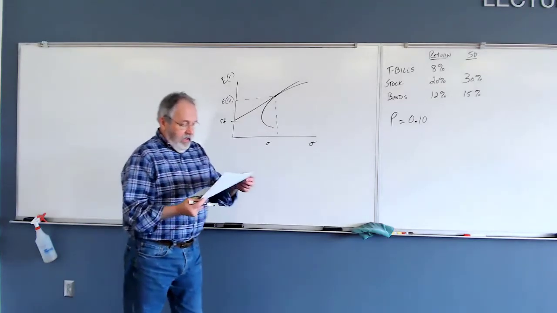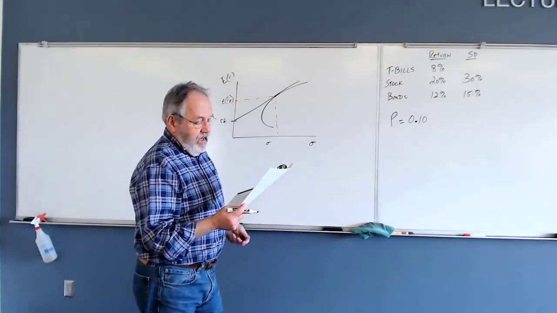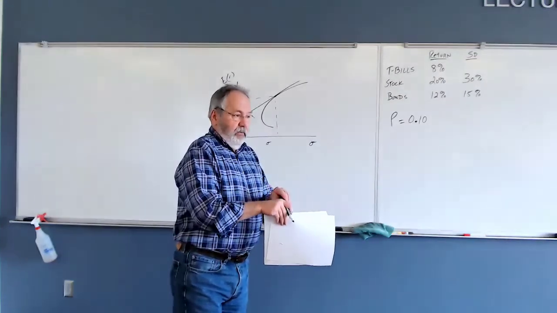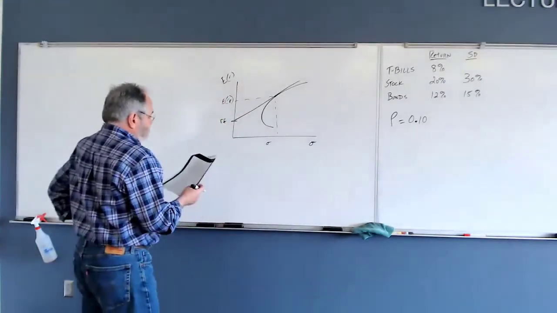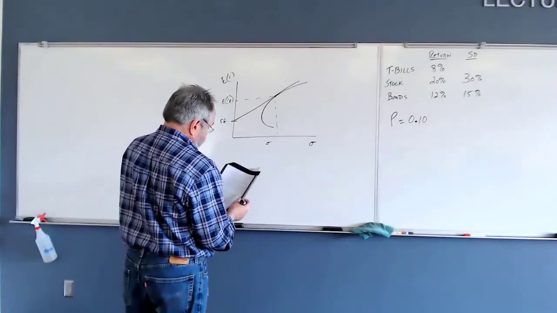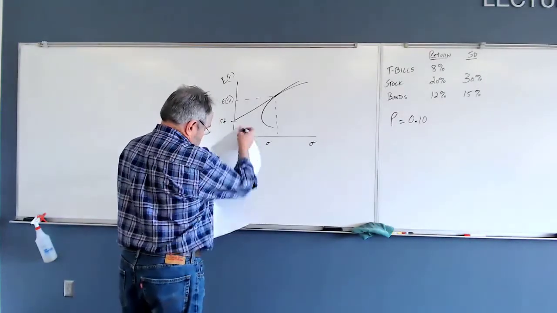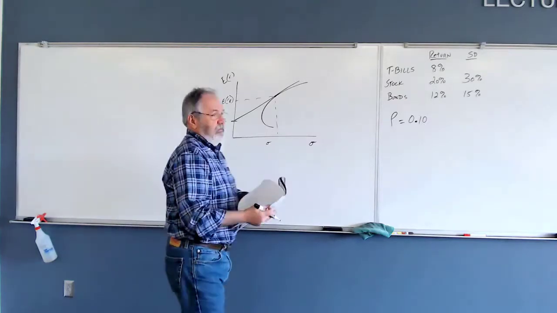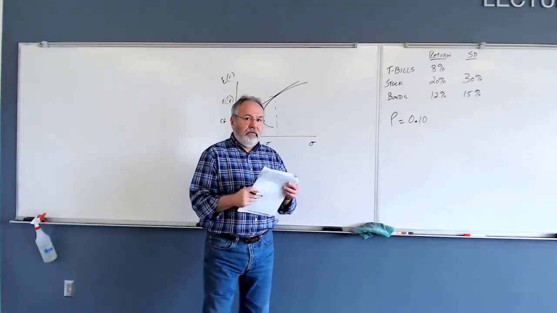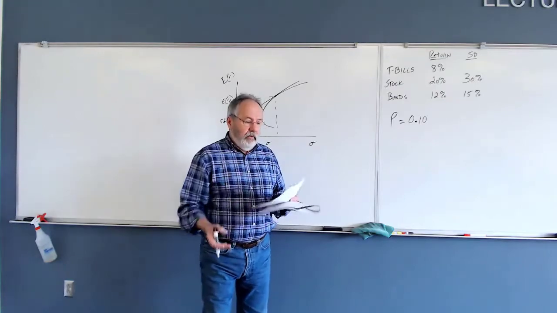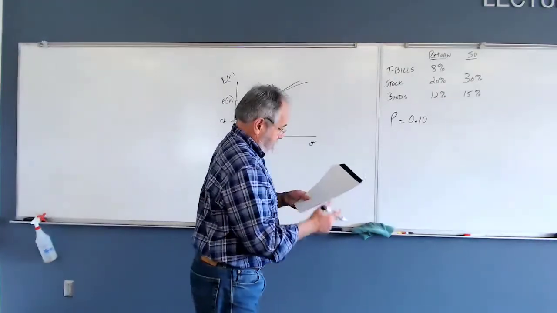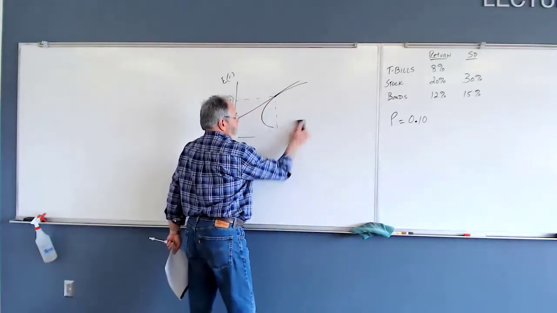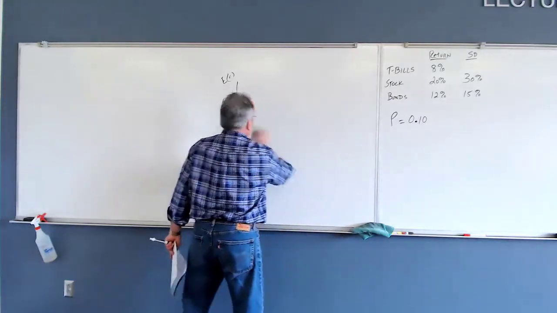Solve numerically for the proportions of each asset and the expected return and standard deviation in the optimal risky. At the beginning of this recording, I put the formula for the optimal risky on the board, but we'll do it again. We solve for this question.